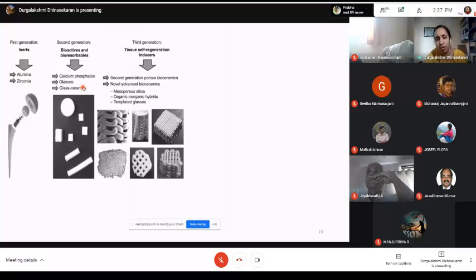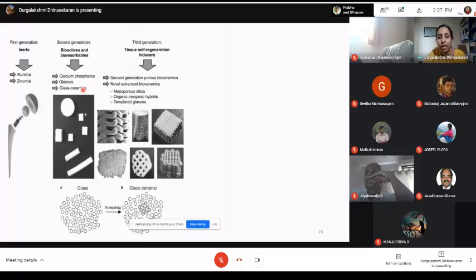How glass is used for medical application: glass is an amorphous structure, whereas the glass ceramic has an amorphous combination with a crystalline arrangement. Because of the crystalline arrangement, it gains its resorbability property, and it also has the capacity to form native bone formation with respect to the period of in vivo or in vitro immersions.